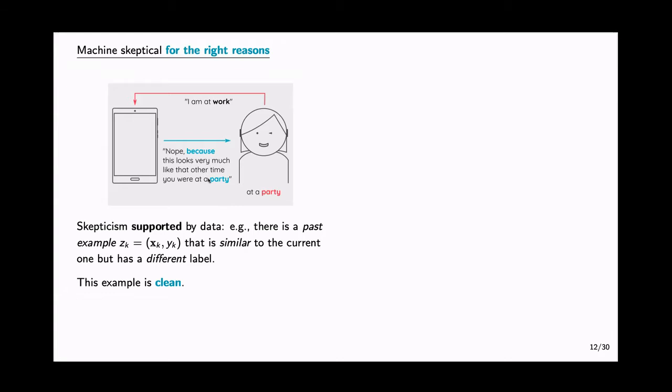However, a very similar example in my training set belongs to the class party. But the ground truth is that the user is really at a party. So in this case, the counterexample, this past example that we have in the training set is correct, is clean, and the incoming example is wrong. So in this case, the machine is skeptical for the right reason.